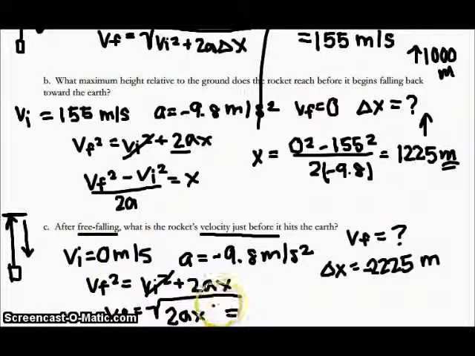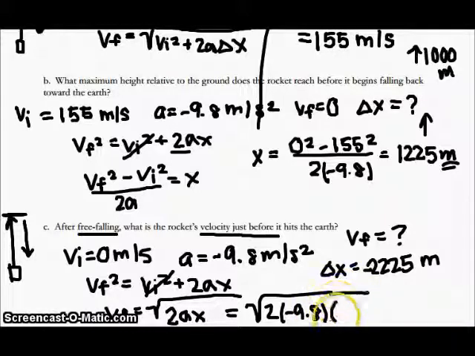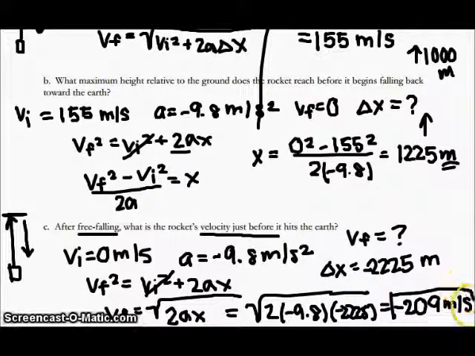If we plug everything in, that will equal 2 times 9.8 times 2,225. And then, if we calculate that, we should get 209 meters per second. And since the rocket is traveling downwards right before it hits, we want to make this negative. So our answer is negative 209 meters per second.